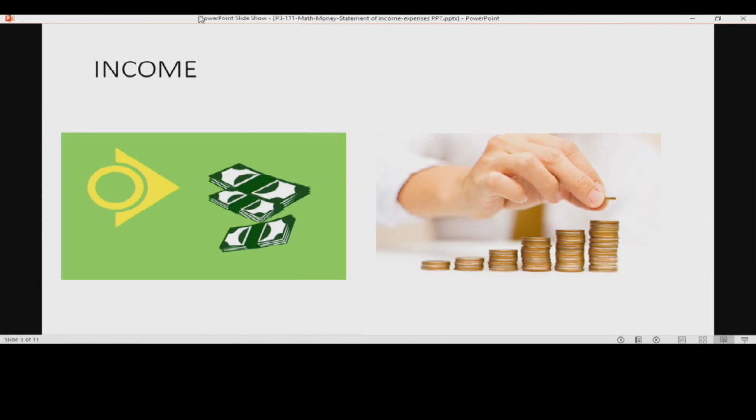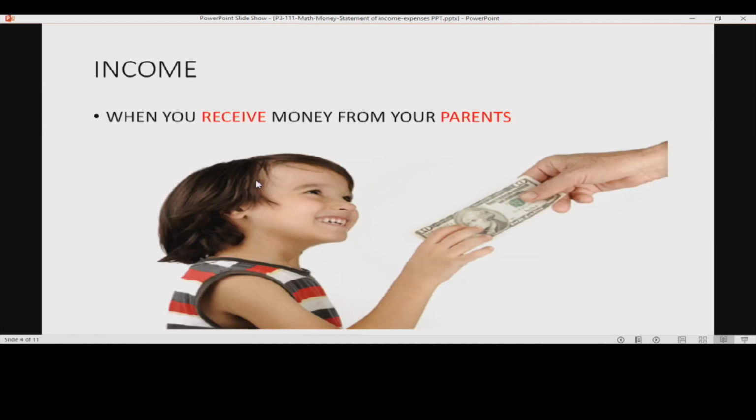You can see income comes in two different forms. We can have banknotes or coins. Yes, money comes in two different forms. Income, when you receive money from your parents.